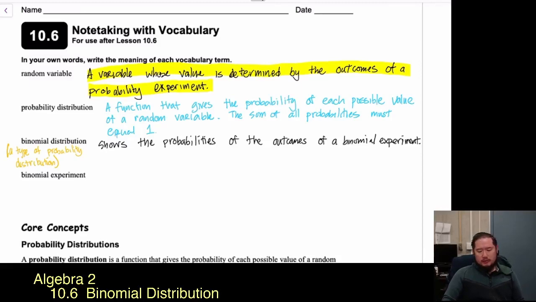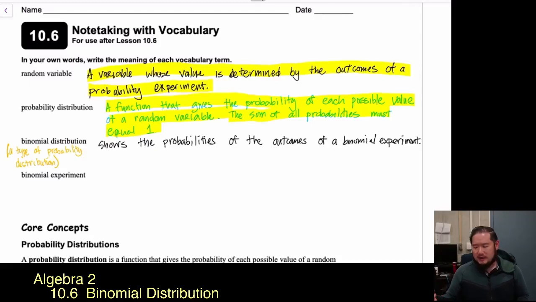For our next term, we have probability distribution. That is a function that gives the probability of each possible value of a random variable. And the sum of all probabilities must equal 1. When we think about the chance of success and the chance of failure of flipping a coin, it's 50-50.